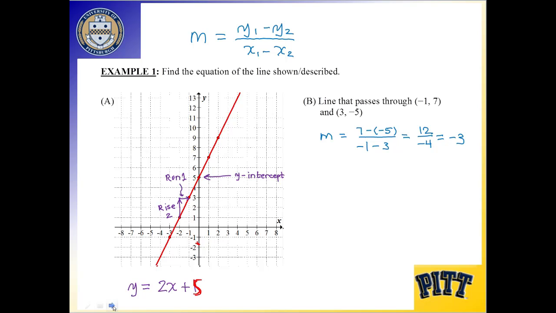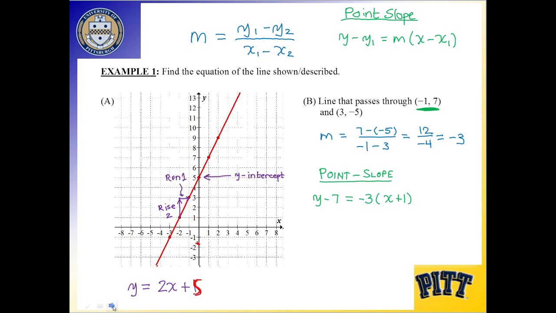But I do have two points for the line. If two points determine a line, they should also determine its equation. So I'm going to use -1, 7 and point slope form. I'm going to eventually show you I could use 3, -5, but it won't matter in the long run.